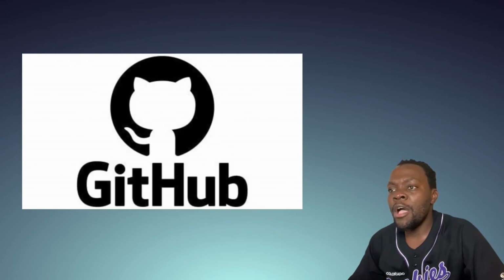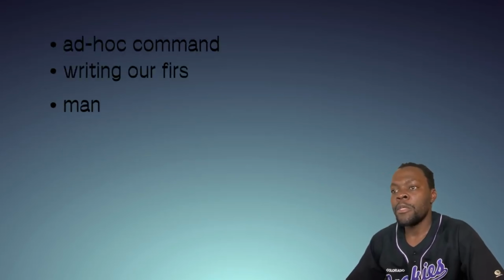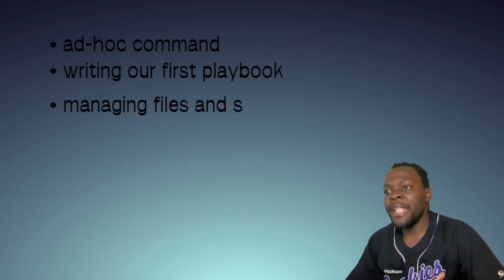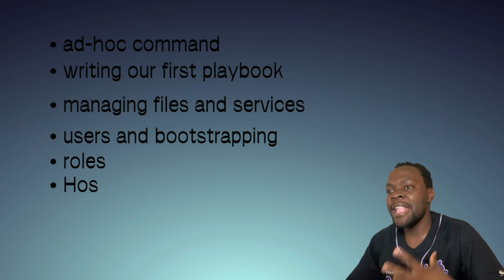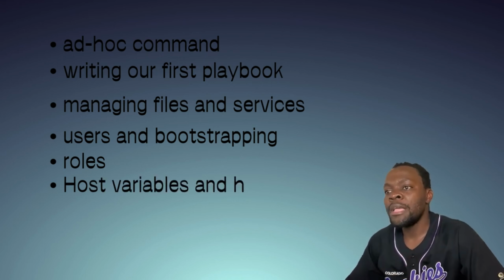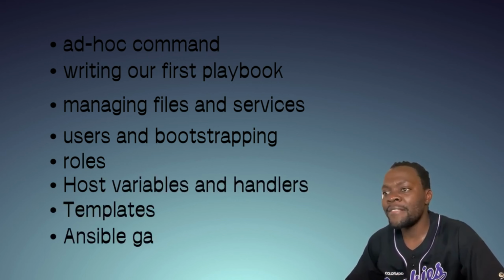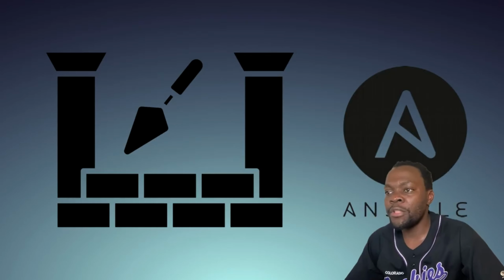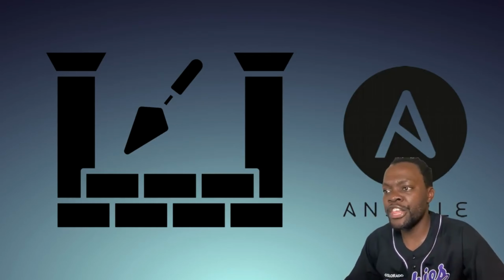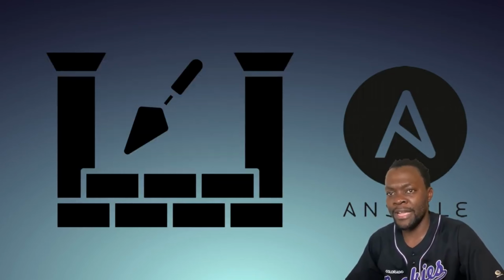After that, we will set up our Git repository, understanding how it works, and from there, we will dive deeper into more advanced topics like ad-hoc commands, writing our first playbook, managing files and services, learning about users and bootstrapping, roles, hosts, variables and handlers, templates, Ansible Galaxy, and so on. By the end, you will have a solid foundation and practical knowledge to handle real-world automation tasks.